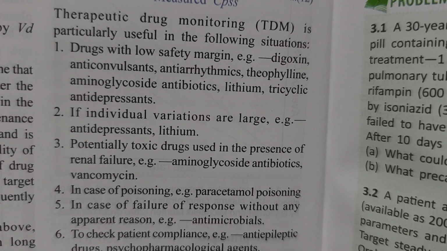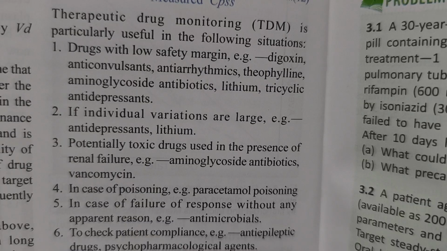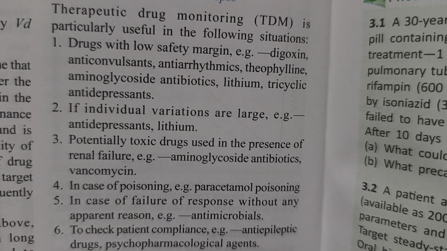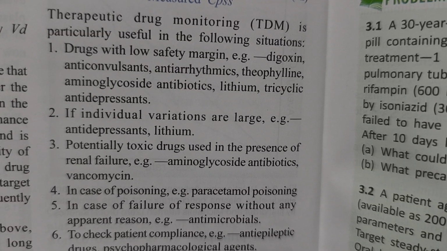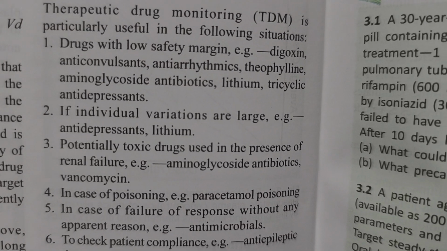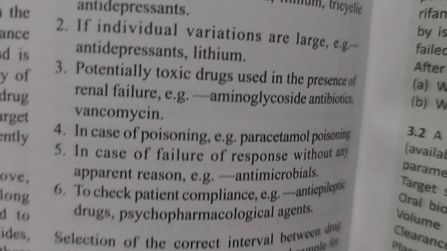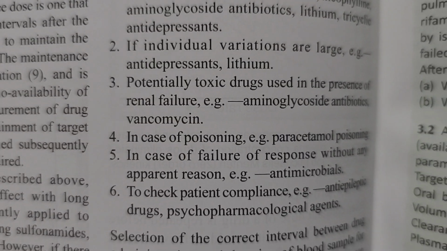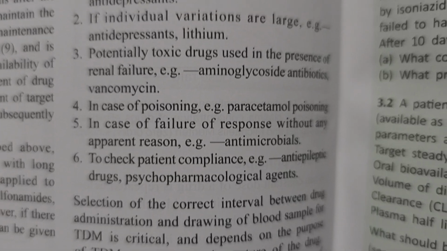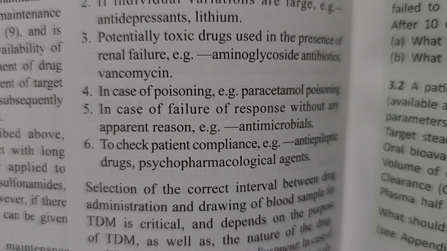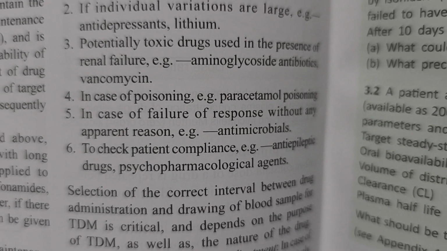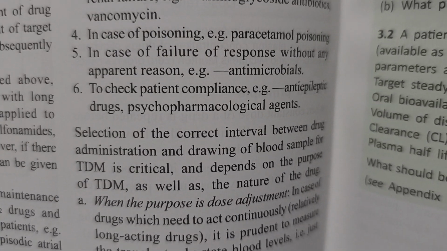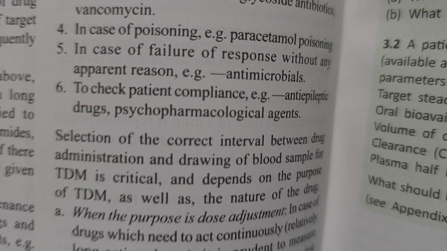Drugs with low safety margin, for example digoxin, anticonvulsants, antiarrhythmics, theophylline, aminoglycoside antibiotics, lithium, tricyclic antidepressants. If individual variations are large, for example antidepressants, lithium. Potentially toxic drugs used in the presence of renal failure, for example aminoglycoside antibiotics, vancomycin. In case of poisoning, paracetamol poisoning.